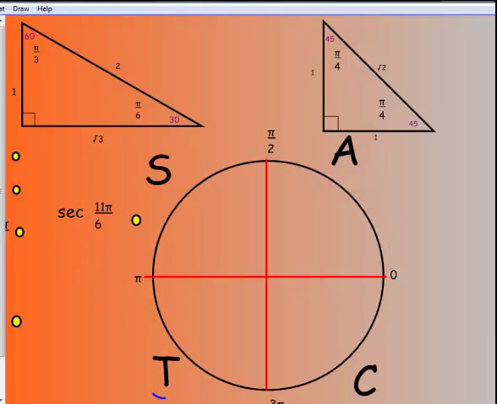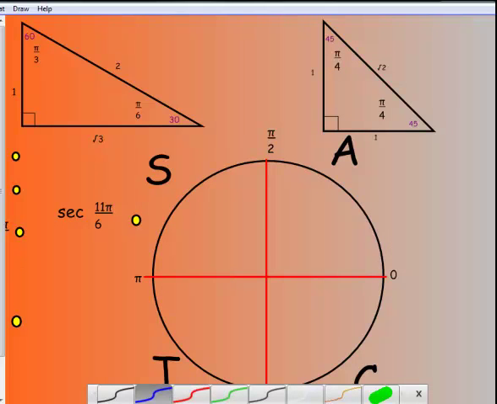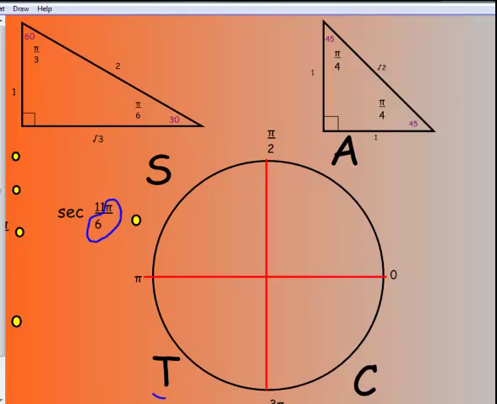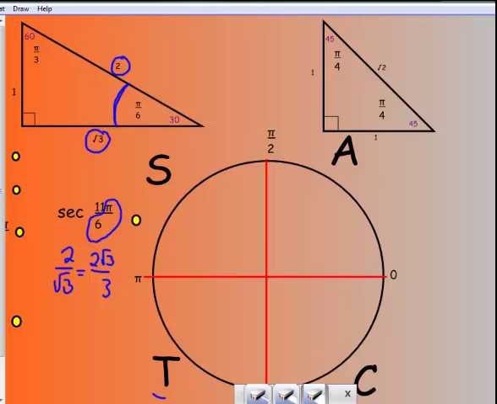Once again, if I were to use my triangles, I'd have to realize that I'm dealing with pi over 6. So here's pi over 6. Secant is cosine flipped, so instead of adjacent over hypotenuse, I have hypotenuse over adjacent. Rationalize it to 2 radical 3 over 3.